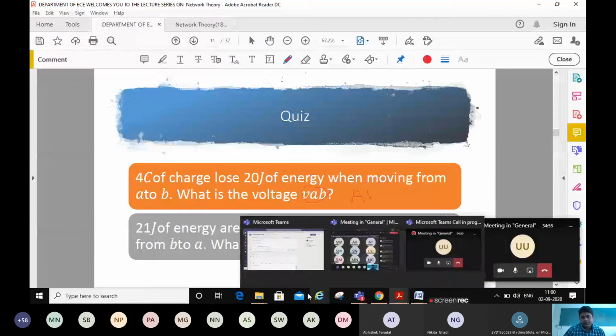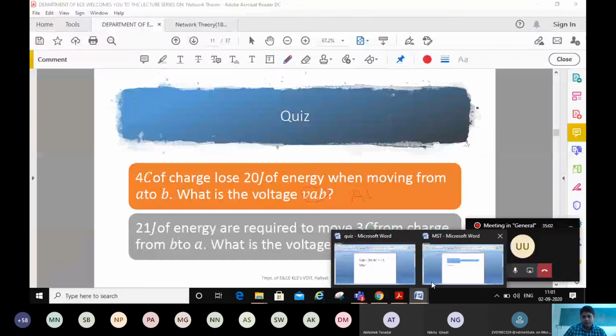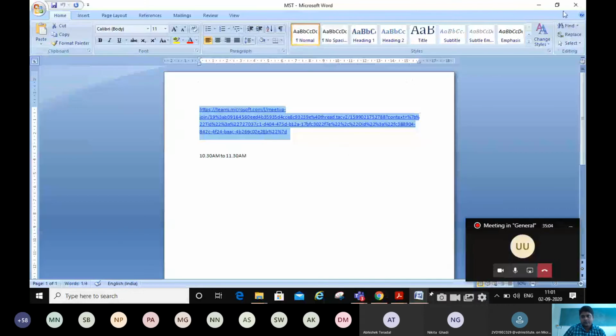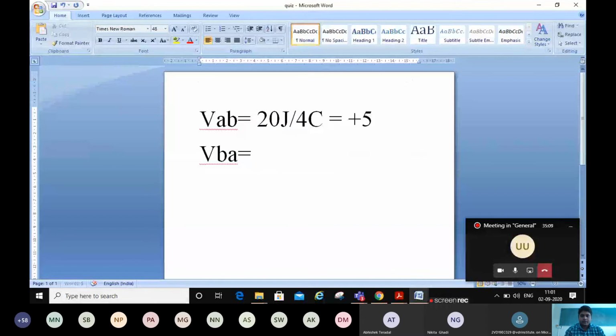Here we are interested in voltage, right? If you calculate the voltage, 21 joules divided by 3, this will be -7 volts.